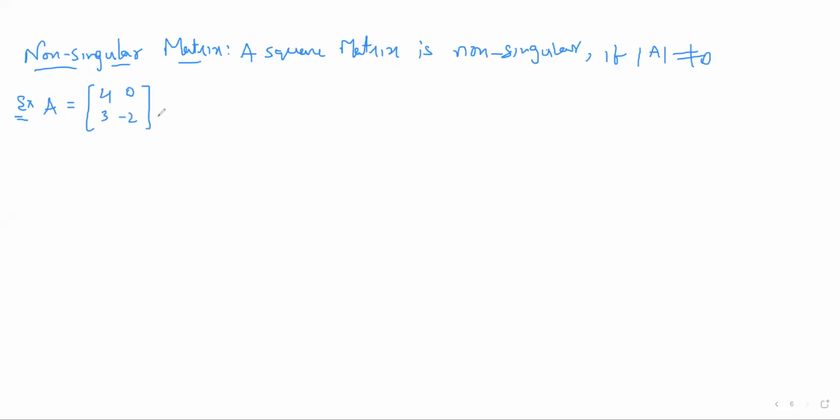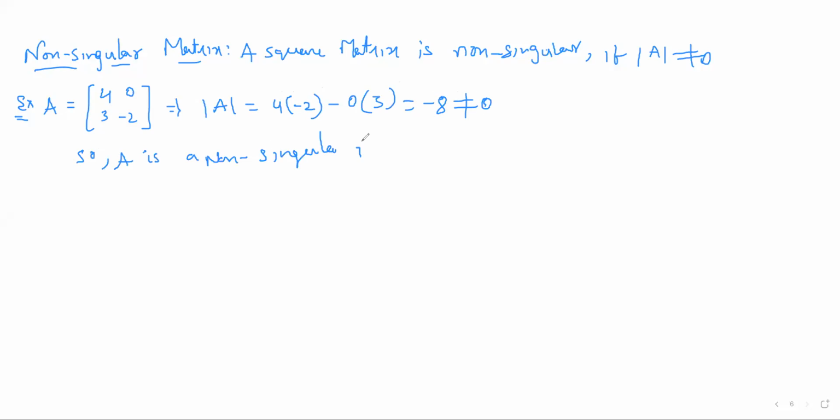What about its determinant? The determinant of A is 4 into minus 2 minus 0 into 3, that is minus 8 minus 0, minus 8 only, which is not equal to 0. So capital A is a non-singular matrix. Okay.